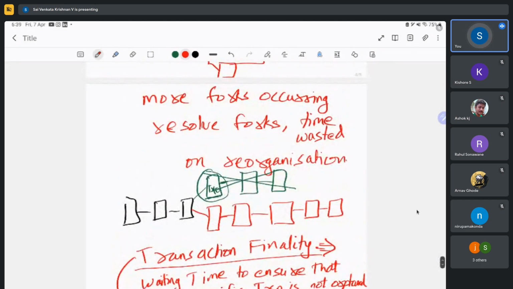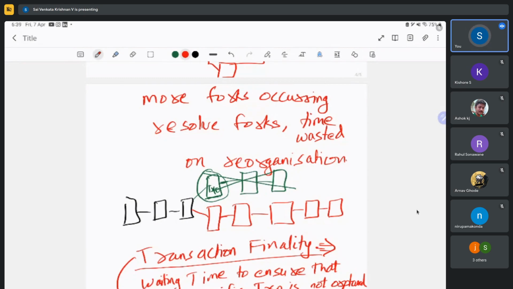Now if more forks are occurring because the difficulty level is reduced, the time for every node to communicate among themselves and find out which is the longest chain would take much more time.